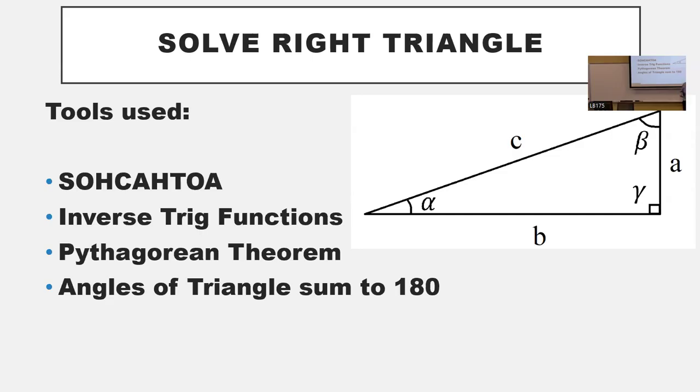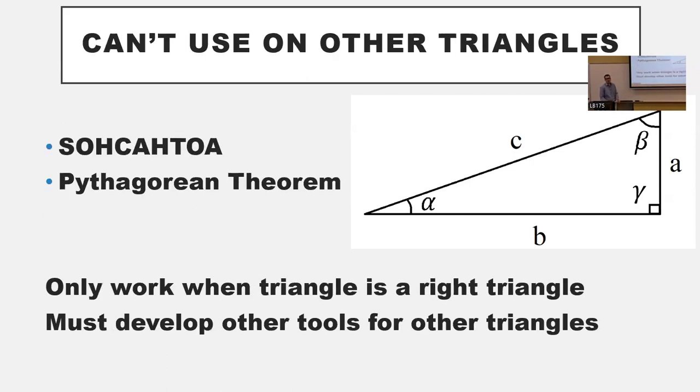So those are the four tools we use when we have a right triangle. But it turns out SOHCAHTOA and the Pythagorean theorem only work on right triangles. So if our triangle was not a right triangle, we can't use those. Okay, we cannot use the Pythagorean theorem on triangles which are not right triangles.